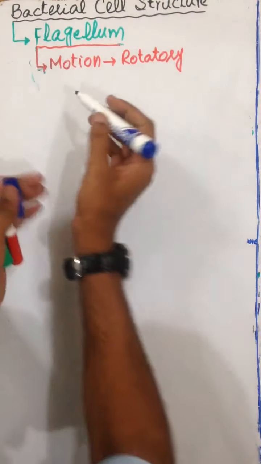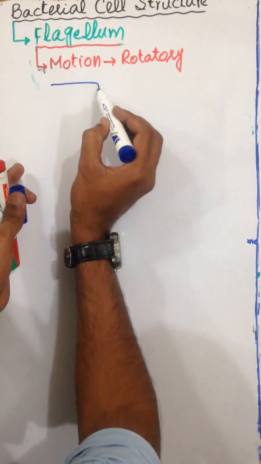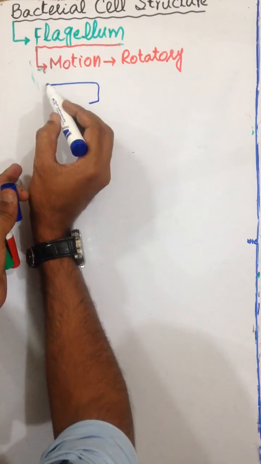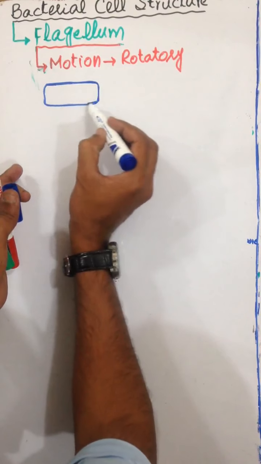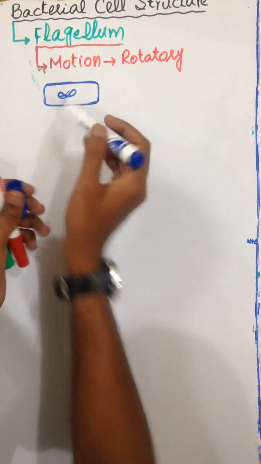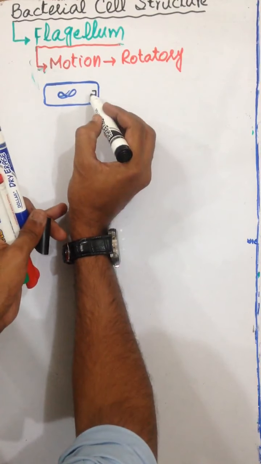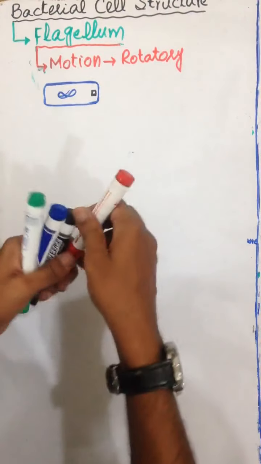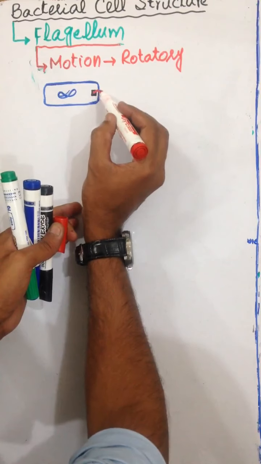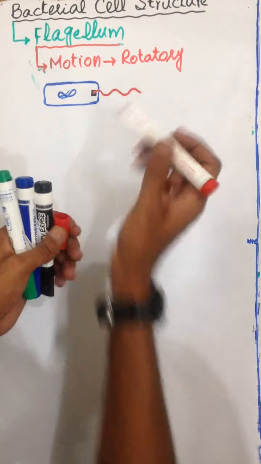Let me draw a diagram. Let's suppose this is a bacterium. It has DNA, and this is the basal body for anchorage of the flagellum, and this is the helical shape of the flagellum.